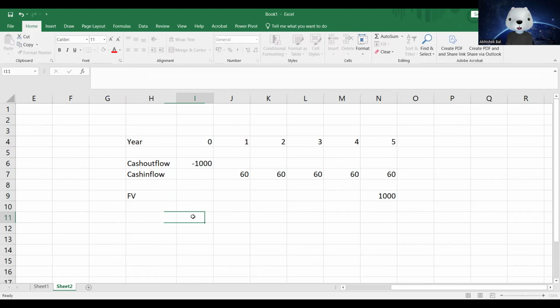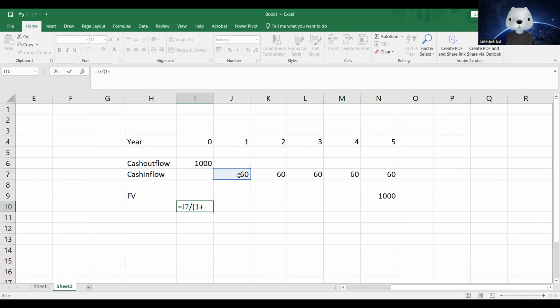So the present value of this 60, because we have to consider this first cash inflow, right? So now I'm going to discount this by 1 plus a discount rate. Now I do not know the discount rate.